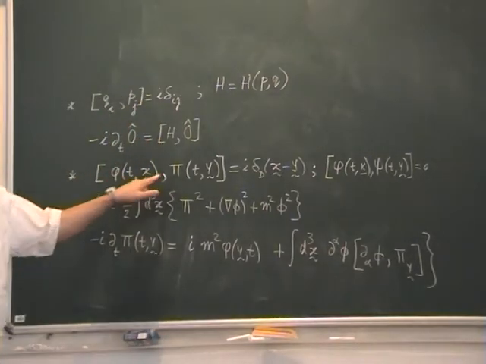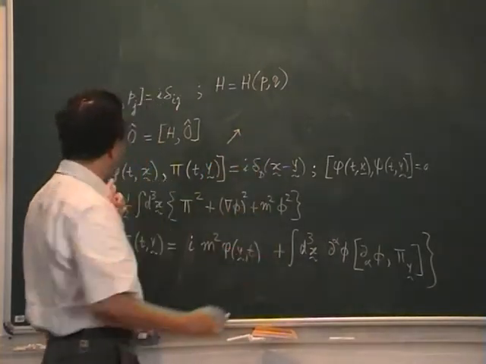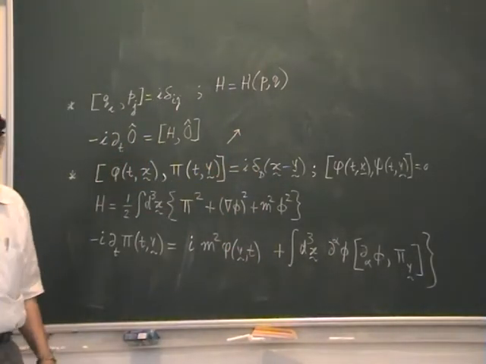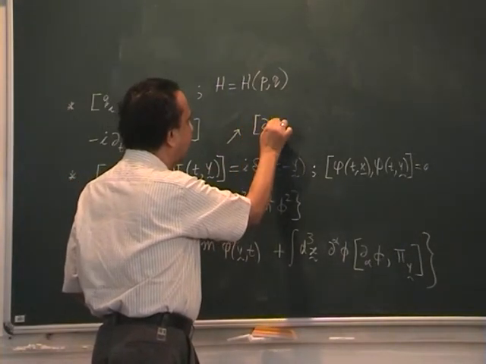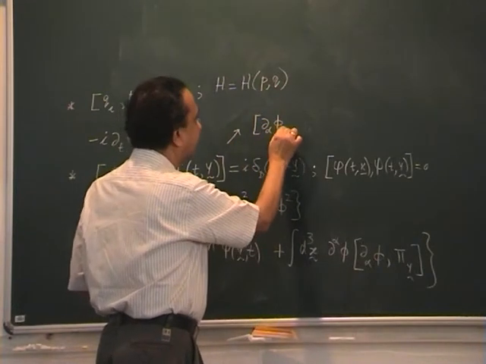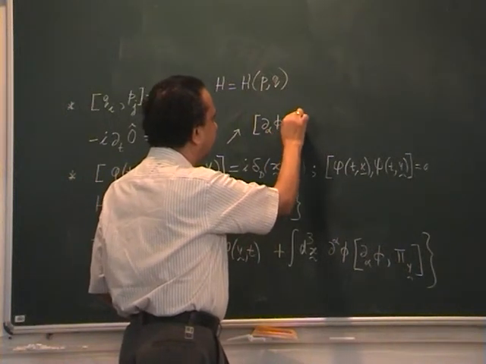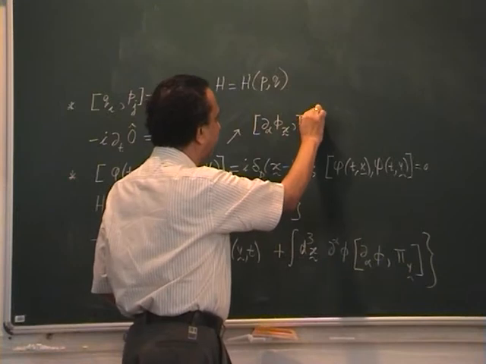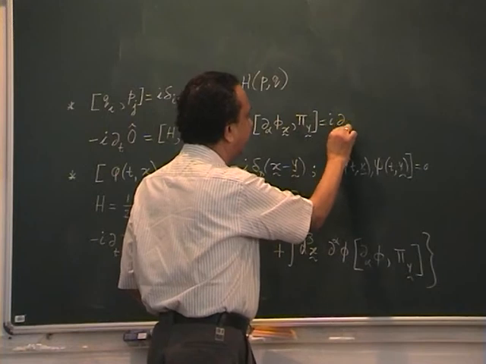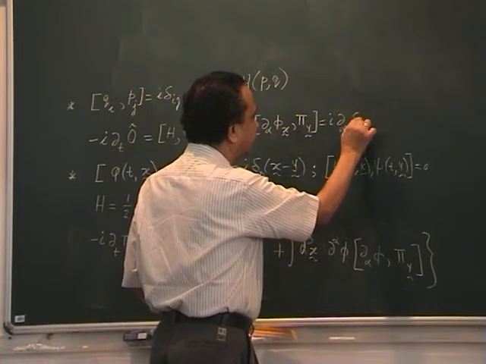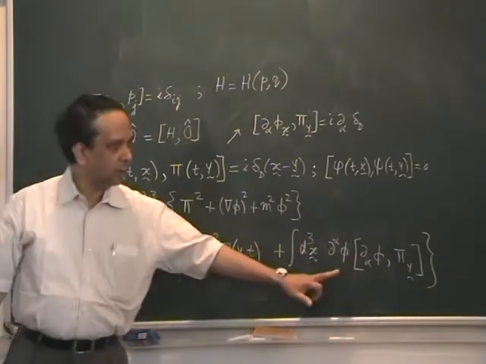So you go back to this relation, and from this we can write down, if I differentiate this entire expression with respect to x, d alpha of phi evaluated at x, commutator pi evaluated at y, which is what we need, is going to be I times d alpha of the Dirac delta function on x minus y. Okay? So that is what will go in here.